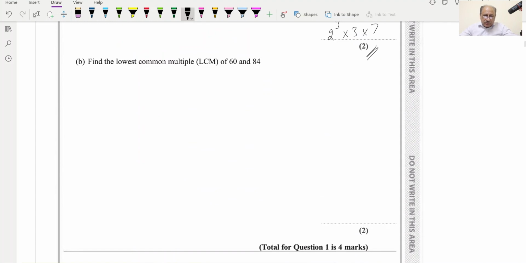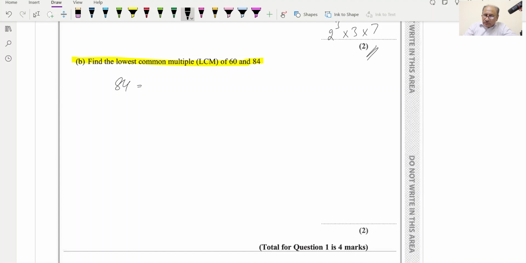Now the next question is, find the lowest common multiple, LCM, of 60 and 84. For 84 we have already done it.